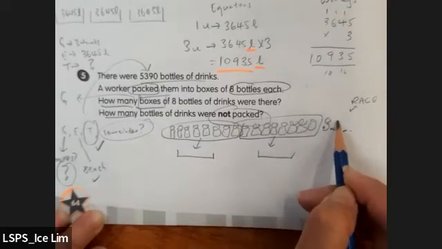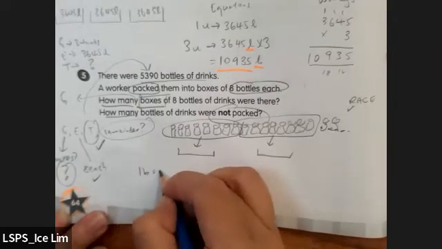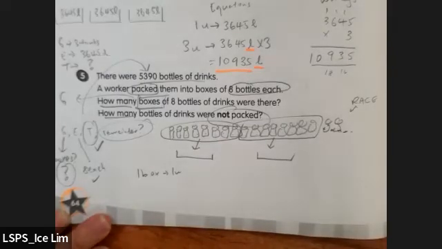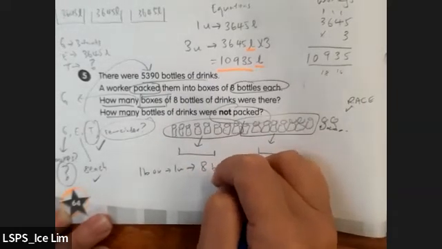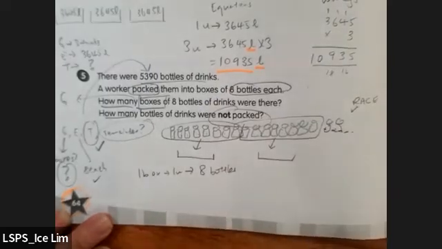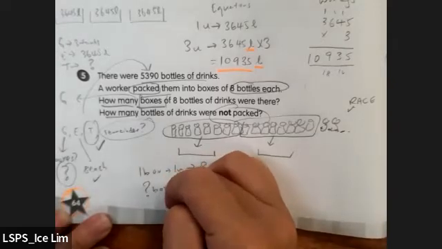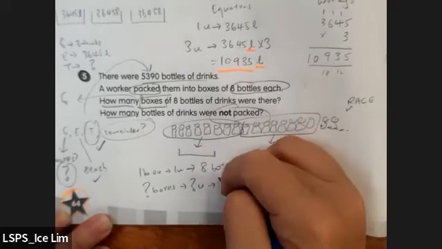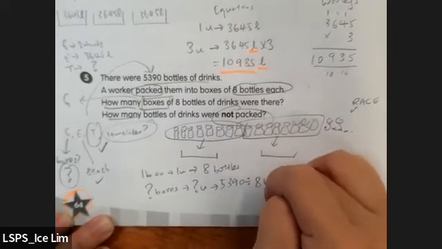And I've got some more all the way until 5,000. So one box is 1 unit. I don't know how many boxes I can fill. But inside one box, I know there can be 8 bottles. So I need to find out how many boxes. That's how many units. So I'll take the total, which is 5,390 divided by 8 bottles each.